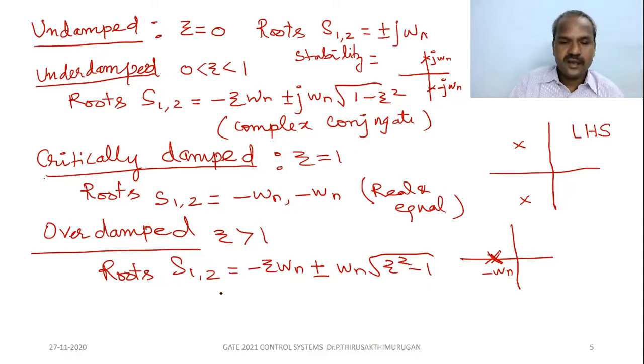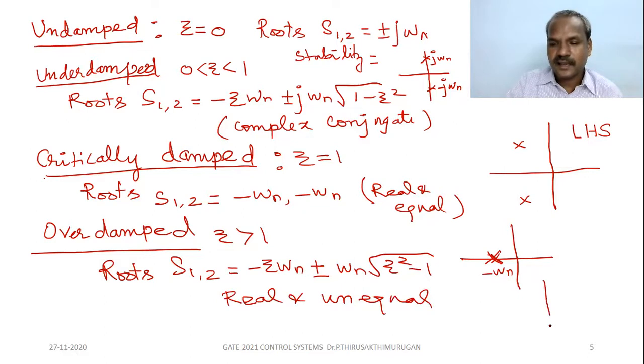So the roots are real and unequal. They are in different places because the roots are purely real. There is no imaginary term in this system, right?